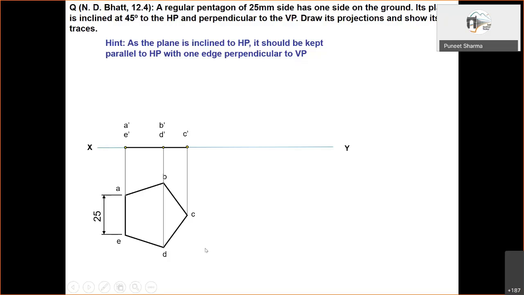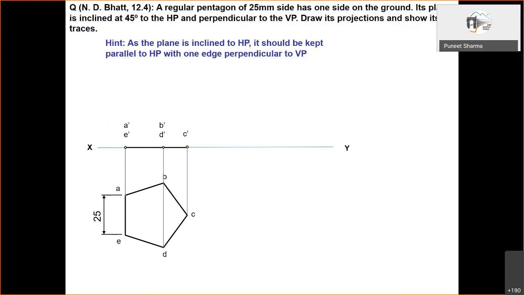So we initially kept the complete figure on the ground, and while placing it like this, we have also kept one edge perpendicular to the XY line. This will be equivalent to considering that this edge will be perpendicular to the vertical plane.